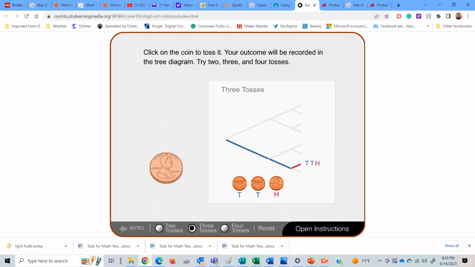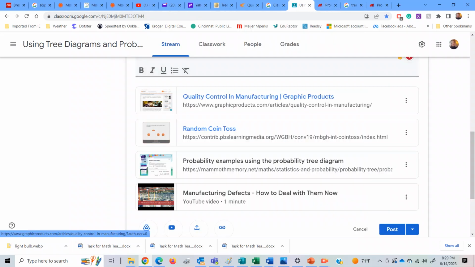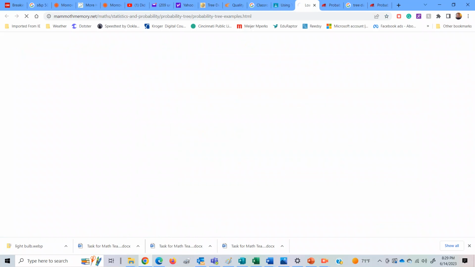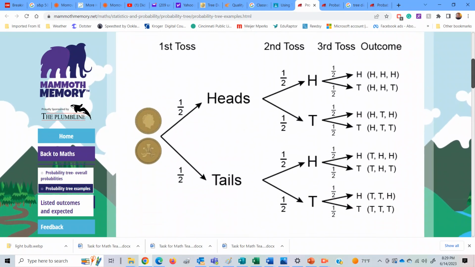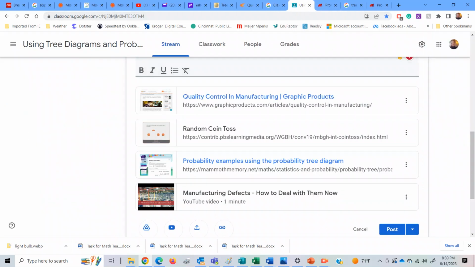And then if they do another trial, they would do it again and see that there's another path. But if a student is an average student and they don't really need the random coin toss, then they may want to take a look at a completed coin toss tree diagram along with the probabilities. And that would help the average student to get started with this new application.